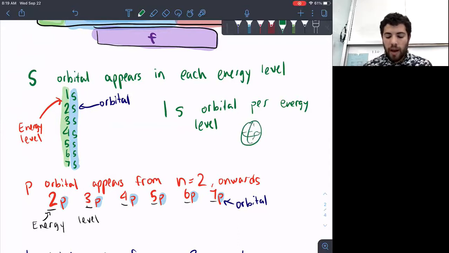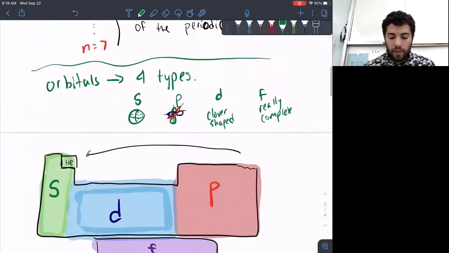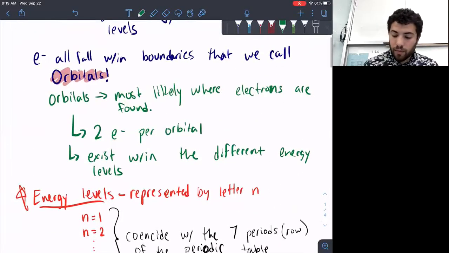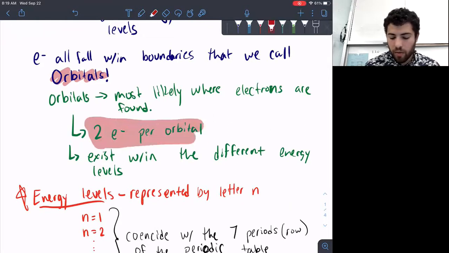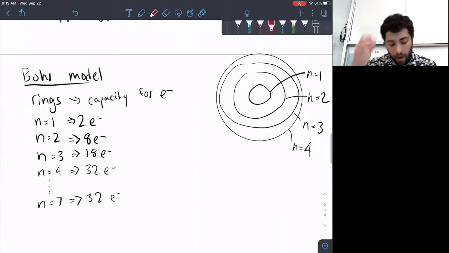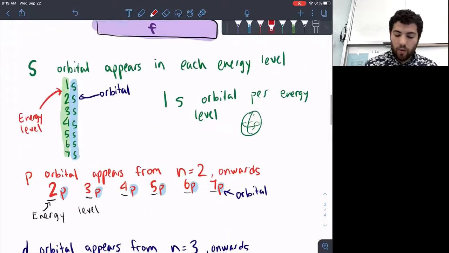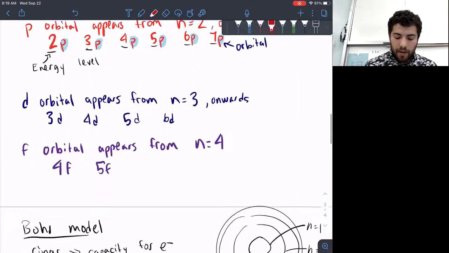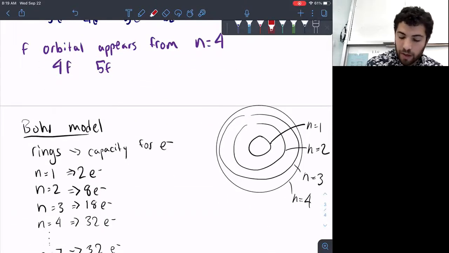And because there's one s orbital per energy level, and orbitals each only hold 2 electrons per orbital, that's a really important point. Then n equals 1. Again, the only orbital in the first energy level, 1, is s. That would therefore mean that there can only be 2 electrons because there's only one orbital, the 1s.